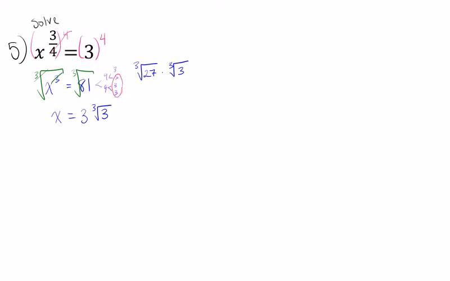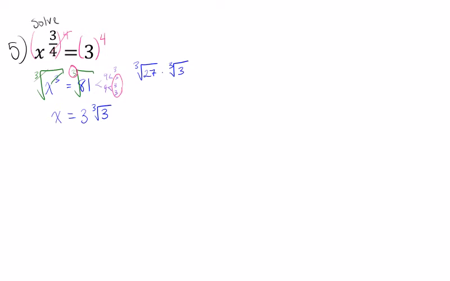So you have enough for one group of 3. Since the index is 3, you have enough for one 3 to come out, and then you have this leftover 3 that stays inside. So that's another way to do it if you're having trouble with the perfect cube, or perfect whatever power.